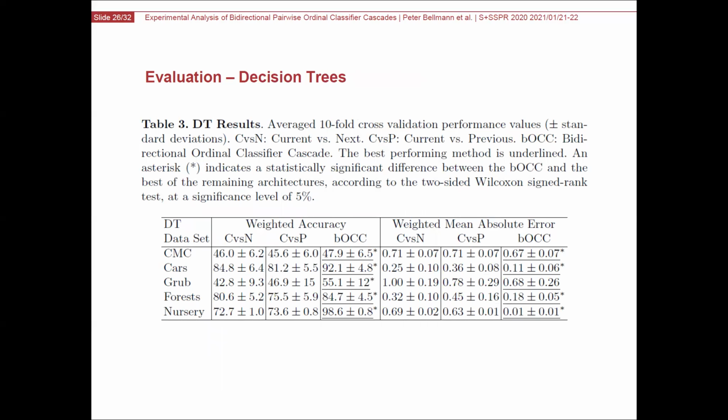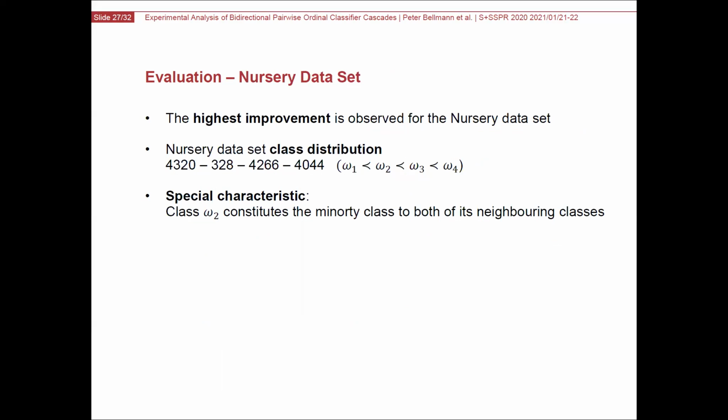Based on decision trees, the proposed bOCC architecture outperforms both one-directional approaches on all datasets, statistically significant in 9 out of 10 cases. The improvement for the nursery dataset was surprisingly high. This dataset has the special characteristic that the class omega-2 constitutes the minority class to both of its neighboring classes.